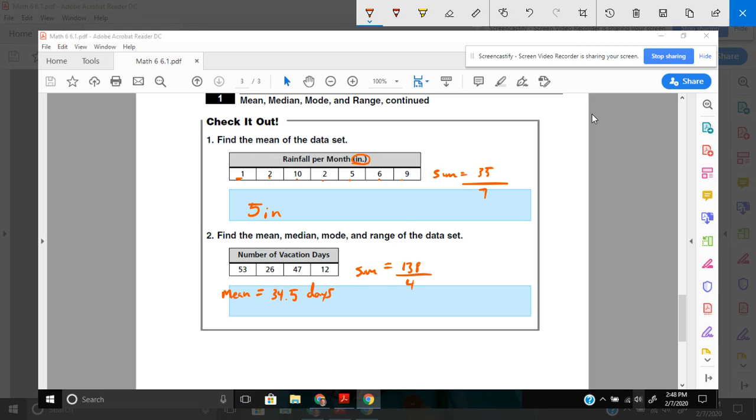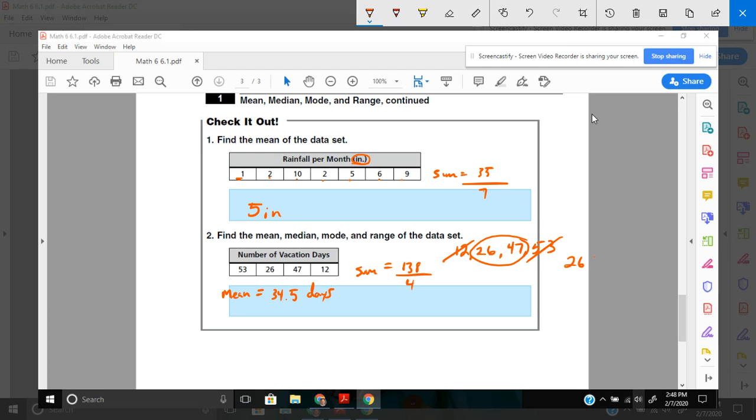The median now, remember, we have to list our numbers smallest to largest. So 12, 26, 47, and 53. Okay, so cancel out our top 2, and then again, we've got 2 numbers in the middle. We need to find the average of these 2.